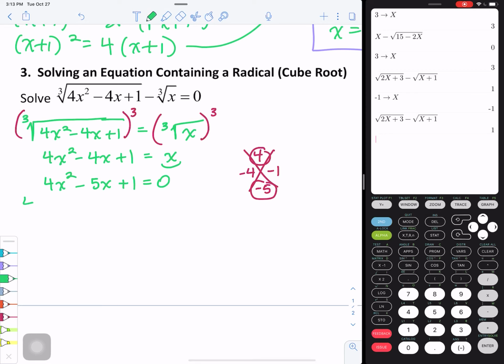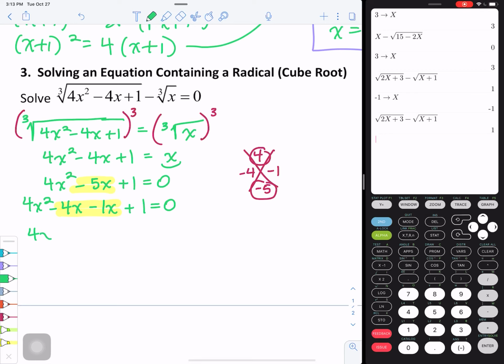So I can rewrite this as 4x squared minus 4x minus 1x. I'm going to keep that 1 in there. Plus 1 equals 0. And as you can see, minus 4x minus 1x is equal to minus 5x. Now we can factor by grouping.